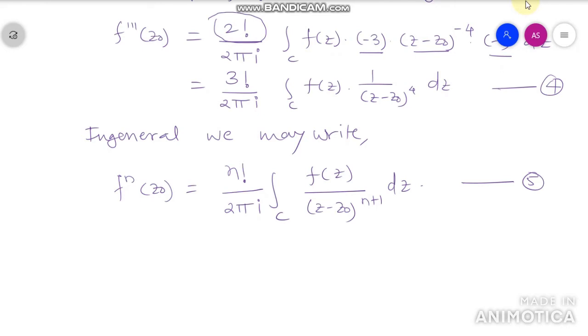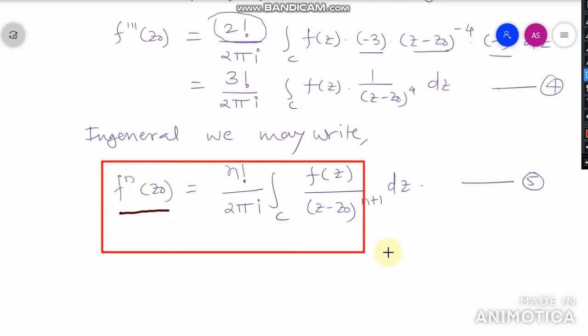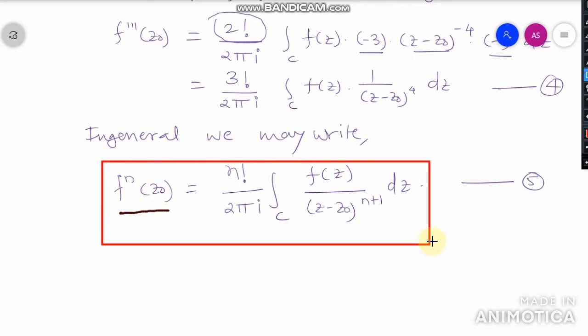In general, we may write the nth derivative of the function f at z0 is given by n factorial divided by 2 pi i integral over C f of z divided by z minus z0 raised to n plus 1 dz.